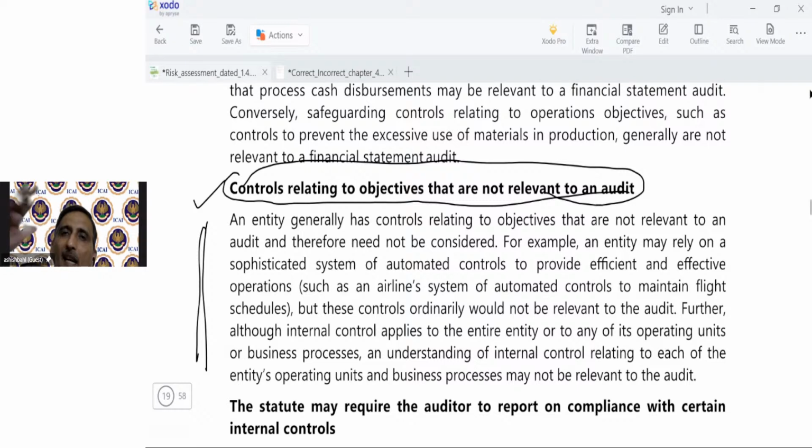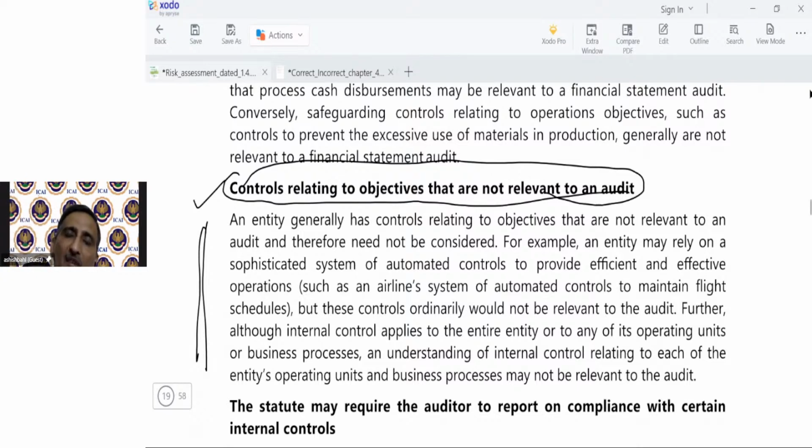Maintaining flight schedules, what is the schedule of which flight, time, landing, departure, all these things. Now this is one of the primary objectives of an airline. If flights do not run on time or there is a problem in their schedules or departure and arrival are not right, obviously the company would not be able to run properly. So there are automated controls in this respect.